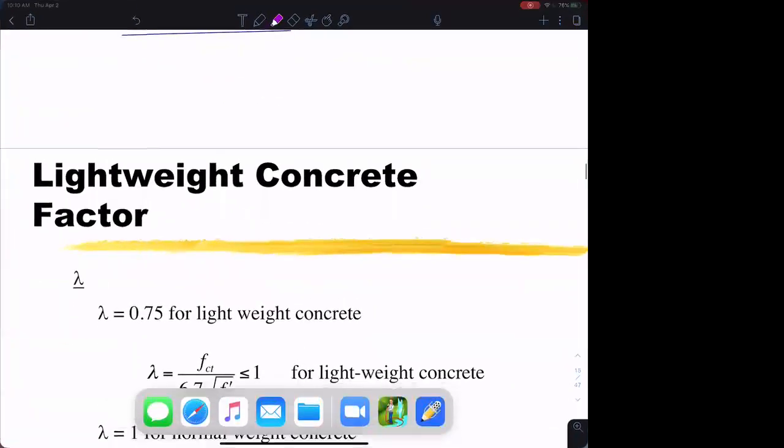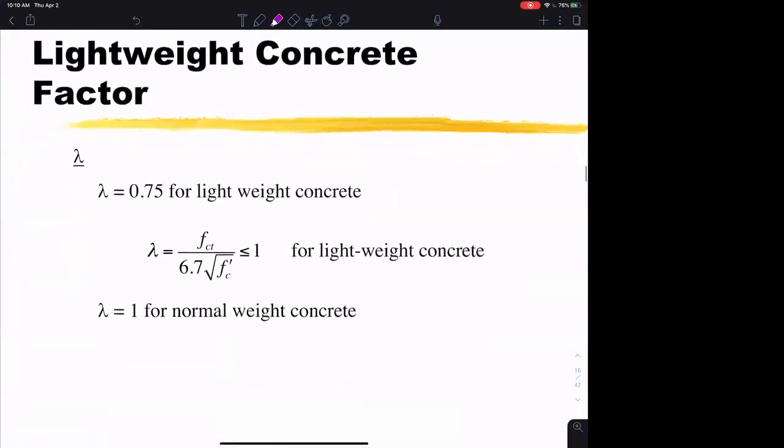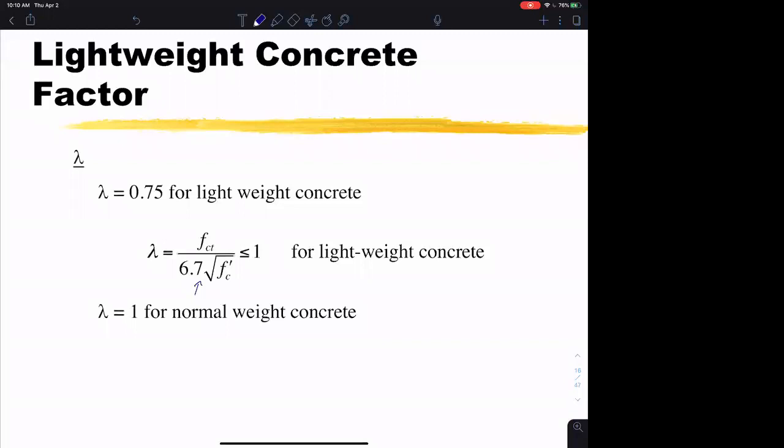Okay, the lightweight concrete factor. 0.75 for lightweight concrete, or you could do this equation here. And those of you who took 3210, remember this is from, we think that fct is 6.7 square root f prime c. And you remember in our class when we did this, it wasn't 6.7.